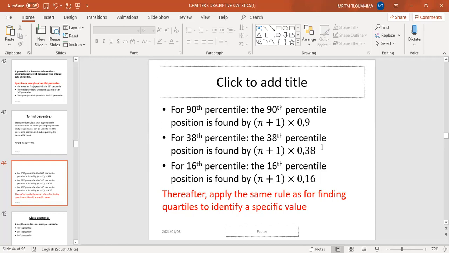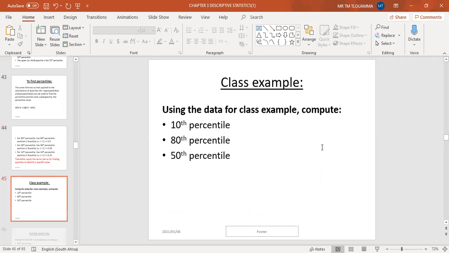For the 38th percentile, we get 0.38 because it's 38 divided by 100. For the 16th percentile, we say 16 divided by 100, which gives 0.16. You understand?